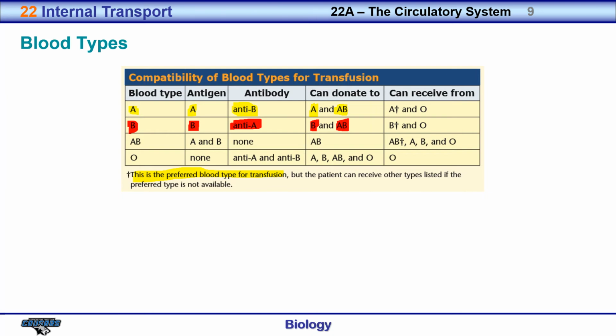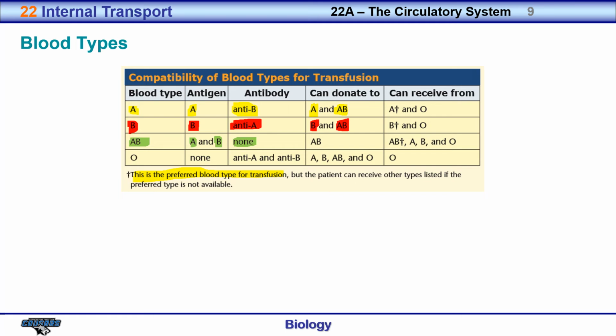Now, what if you have a blood type of AB? Okay, so you have blood type AB. Well, that means you have an A antigen and a B antigen, and since neither of those is foreign, your body has no antibodies. Your blood has no antibodies. So, who can you donate your blood to?